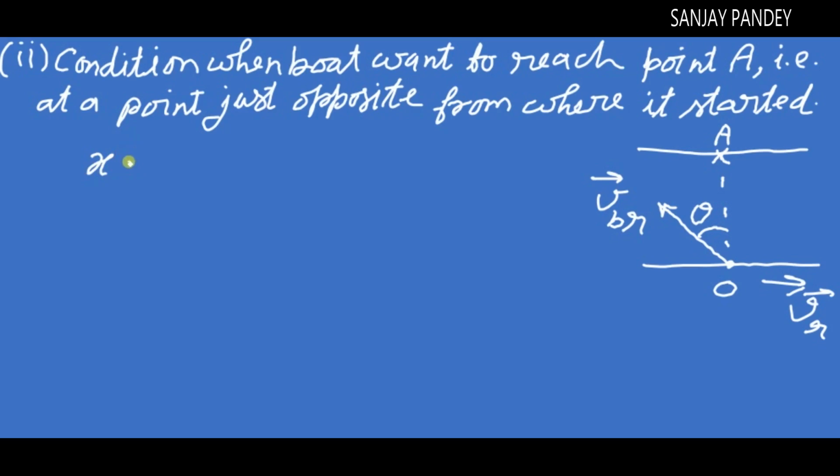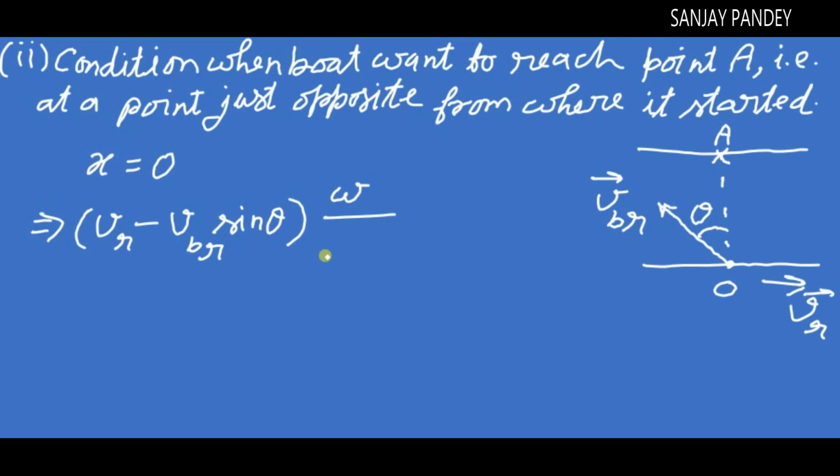The value of x is Vr minus Vbr sin theta into W upon Vbr cos theta, and it should be equal to 0.